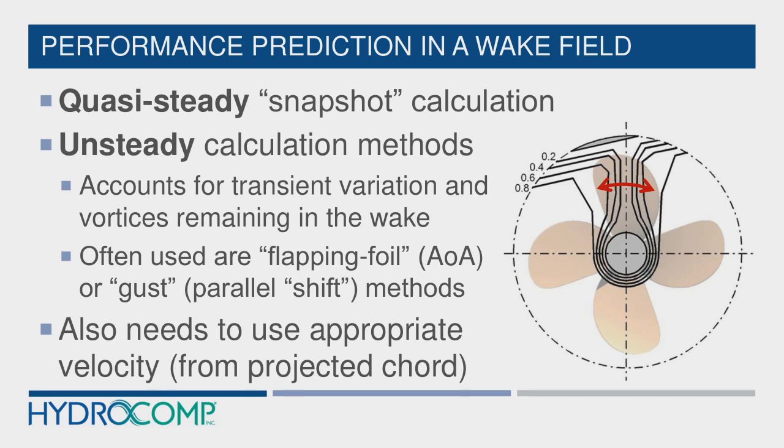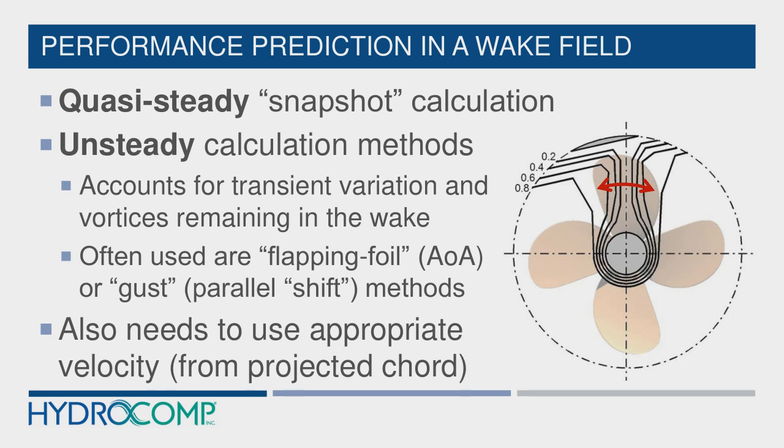And we can use either of those models to take the change in velocity from that mean, the change of that inflow direction, and convert that into aligned velocities and perpendicular velocities in the gust model, or changes in angle of attack in the flapping foil model.